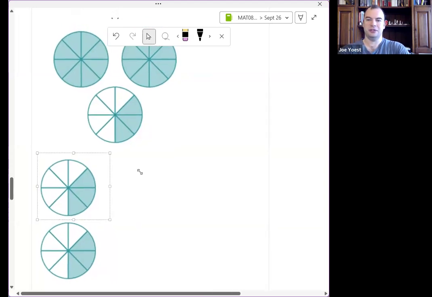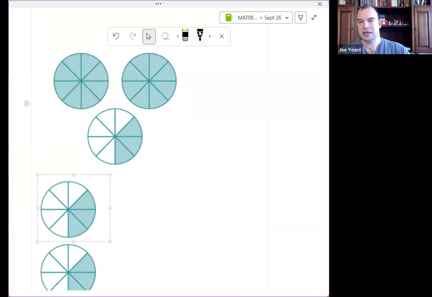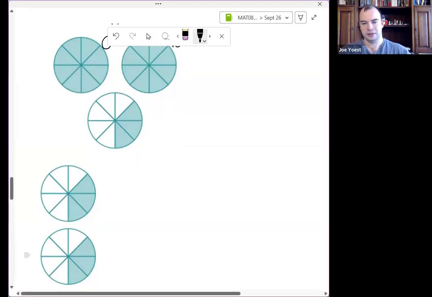So what if I had all of these together that I wanted to describe in an improper fraction or a mixed number? So I see I still have one whole and one whole. I can think of maybe moving these 3 up to here.